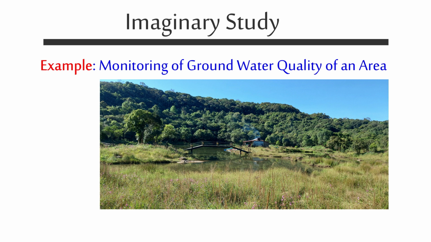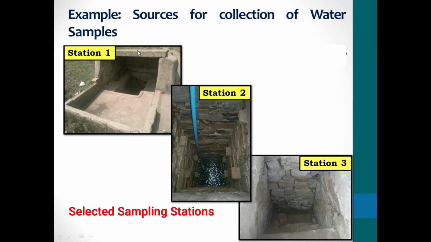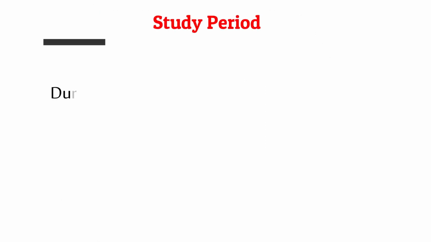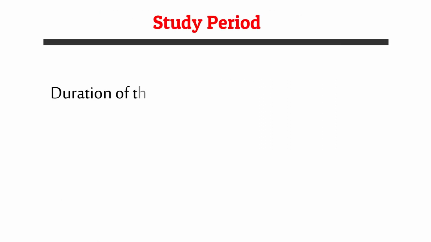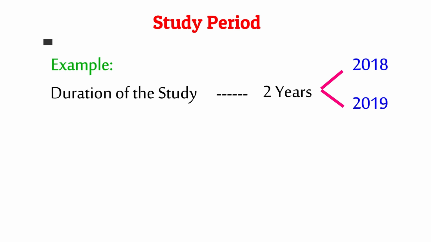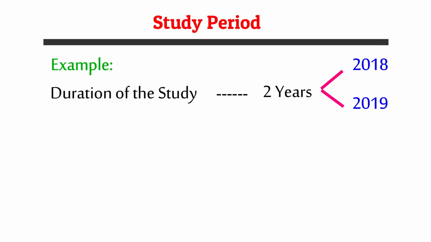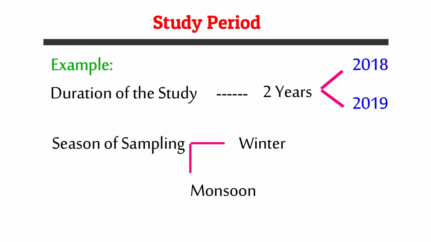And from this selected area of study, let us assume that three different sources of groundwater were randomly selected as sampling stations for the study. And the duration of the study is for a period of 2 years. And let's say the study was carried out in the years 2018 and 2019. And the seasons selected for the study were winter season and monsoon season.